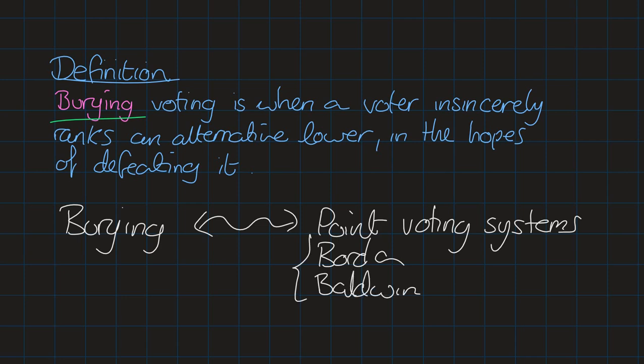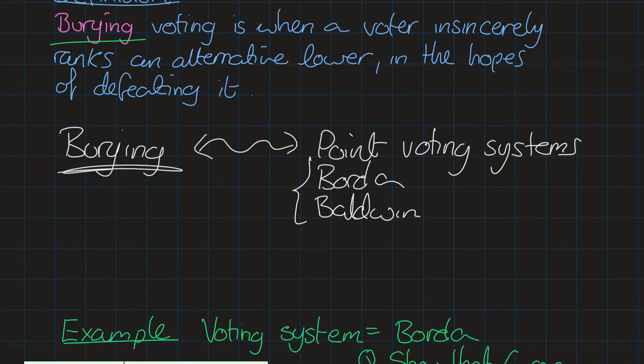Okay, it's mainly used in these two examples. Again, this is just a rule of thumb and it's not always true. You can use pushover for the Baldwin as well. You can use compromise for these voting systems as well. But as a rule of thumb, if you see Borda or Baldwin, maybe think burying. Okay, so let's look at an example.